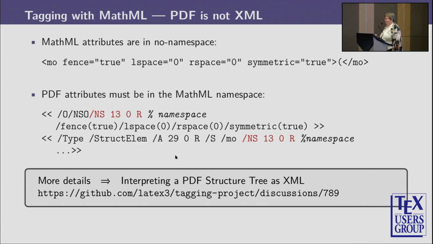But for example, a question that is not really clear: MathML has attributes which are in a known namespace, and PDF actually requires that such attributes are in the MathML namespace. So if you try an interpretation from the one to the other, what do you do with the namespace? Drop it, or use another namespace?